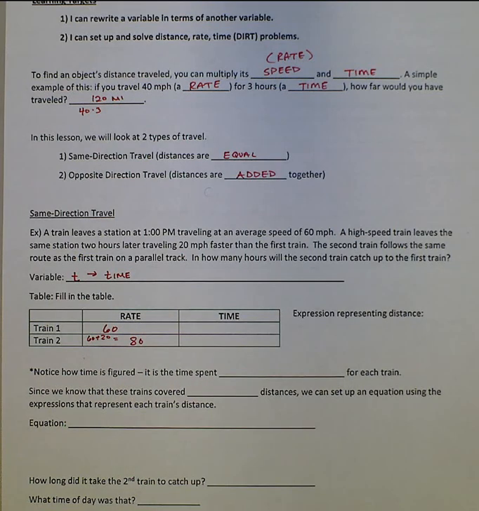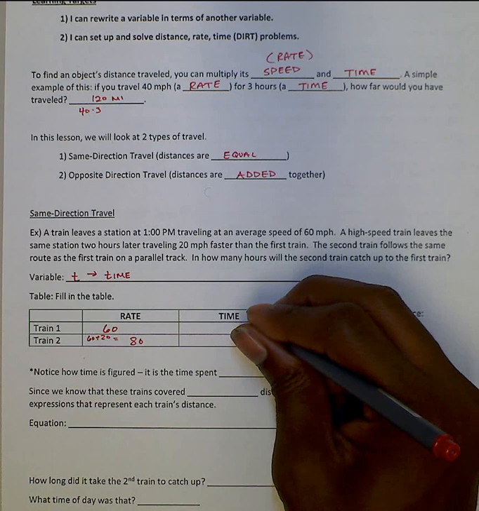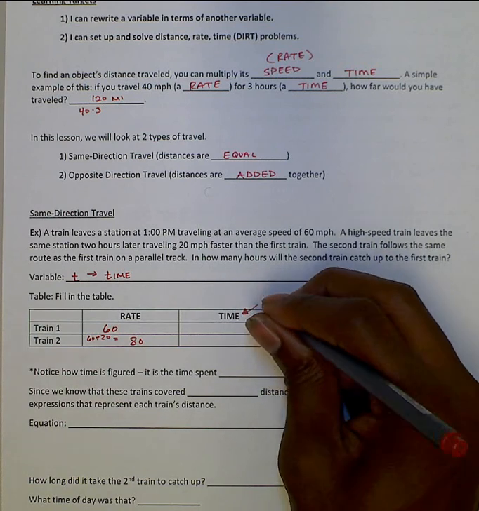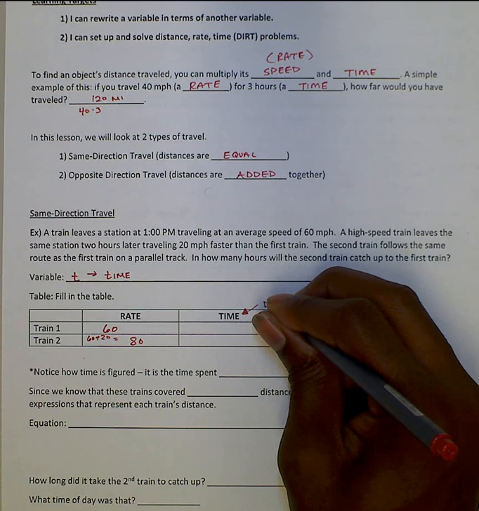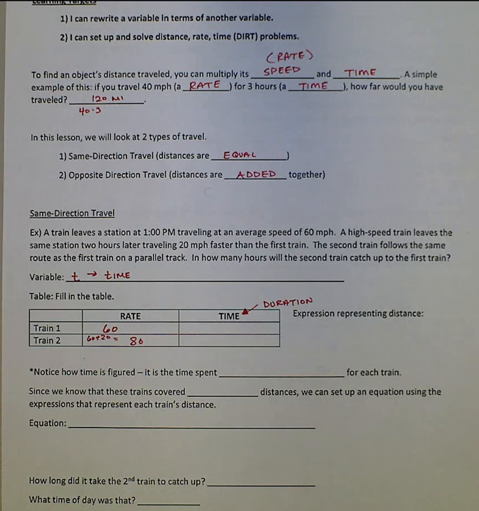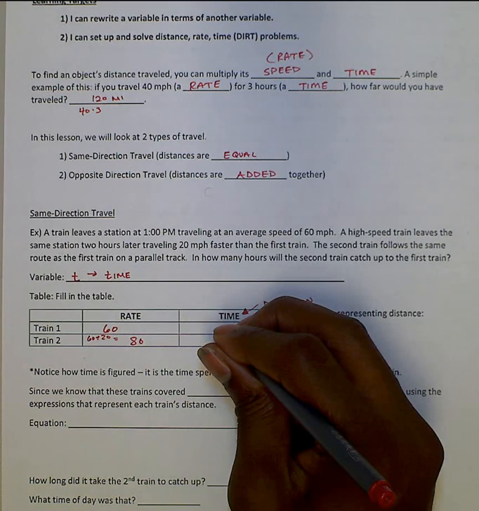Alright, now time. When we think of time, remember that we are not talking about a time on a watch. We are talking about duration. How long is this lasting? We're thinking about how long the trains are traveling on the tracks. The first train, we don't know how long it's going, or we would have the answer to this question.